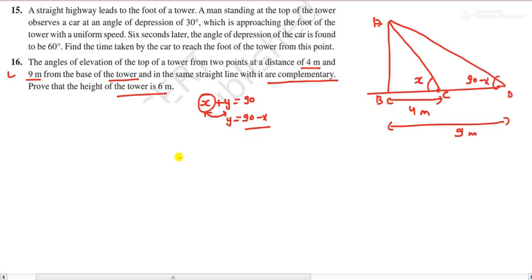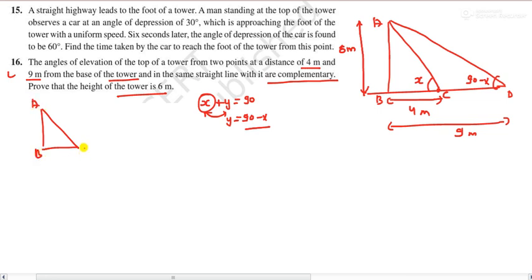Now we have to prove that AB is equal to 6. They have given it as 6, but that we have to prove. So use the same logic. See, if you look at this triangle ABC, same concept of trigonometry.